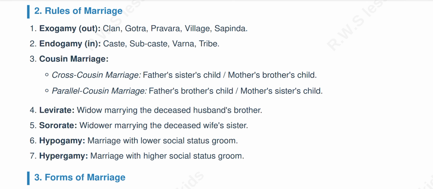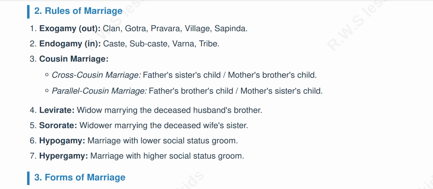Next comes levirate. The widow marries the deceased husband's brother. In some societies, it's followed. Basically, when the husband has died, the wife marries her husband's brother.